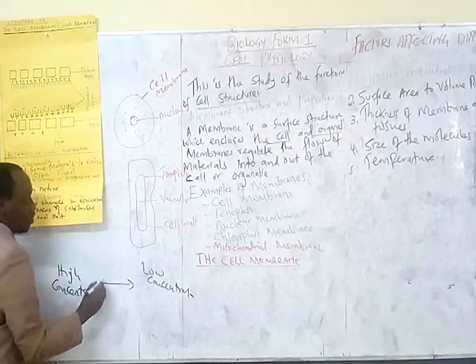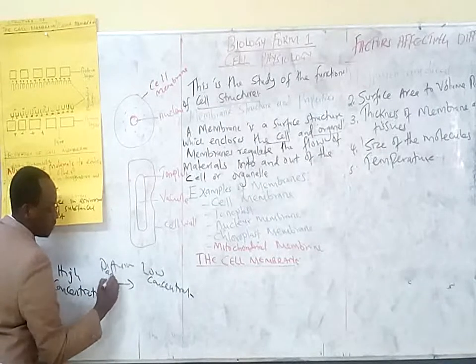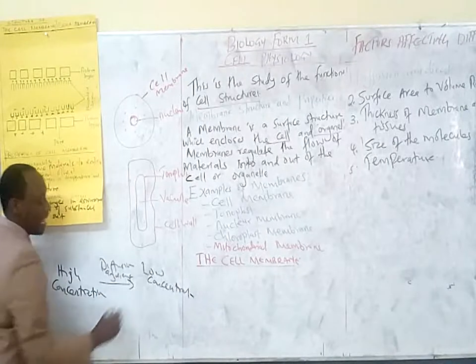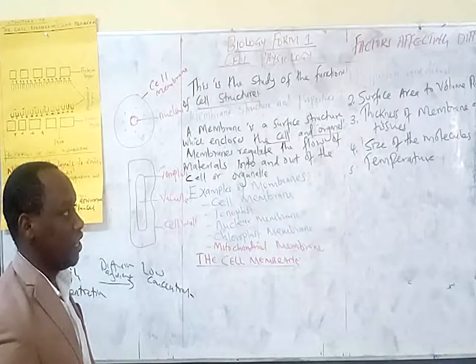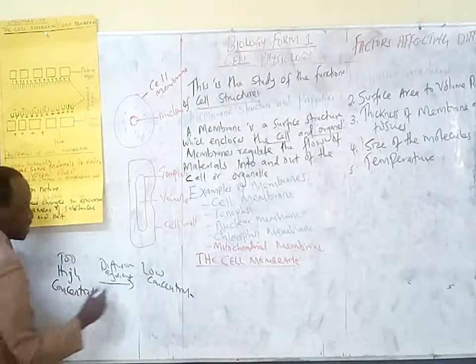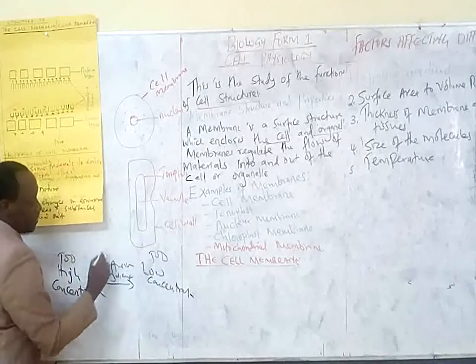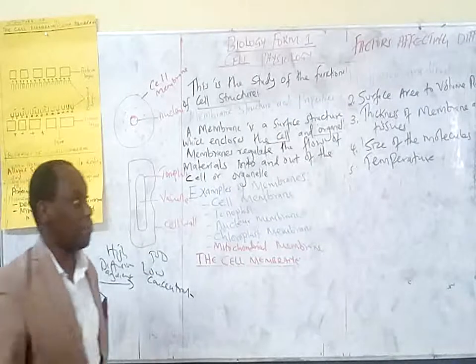This is what is called diffusion gradient. The greater the gradient, the faster the rate of diffusion. If it is too high here, and here too low, we say that the diffusion gradient is high, and so the diffusion will take place more.